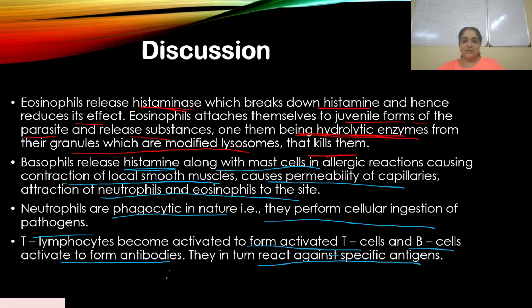That means if an antigen or a pathogen has entered the body, T cells and antibodies were formed with respect to that antigen that first attack. So next time if you have the same pathogen or antigen attack your body, these T cells and antibodies will again get activated and destroy that pathogen.